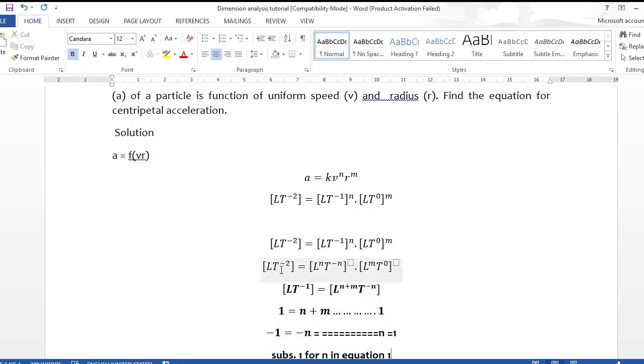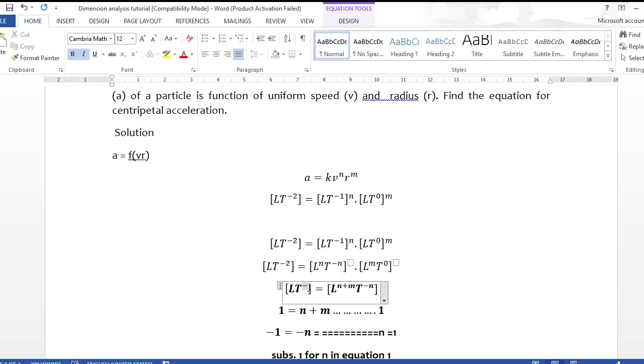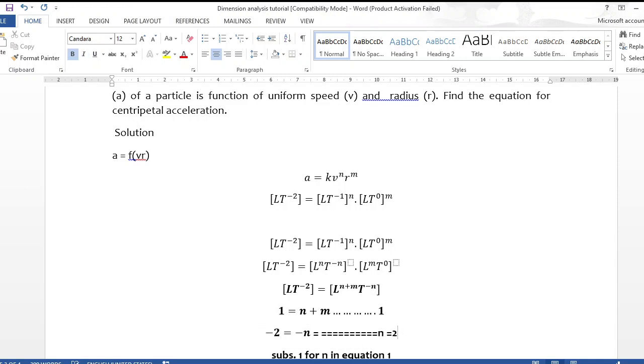Let's come back here. It's -2. So t to the power -1 here should be t to the power -2. So we say negative 2 is equal to negative n, then n equals 2.